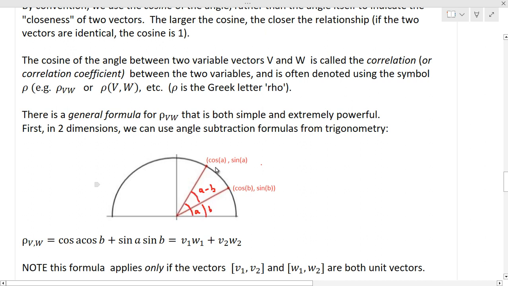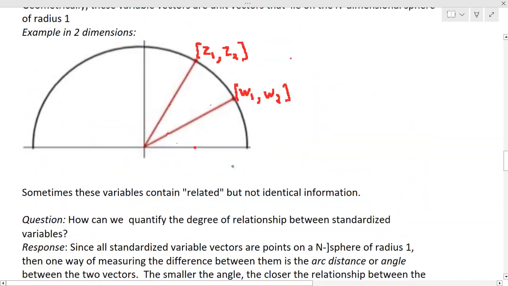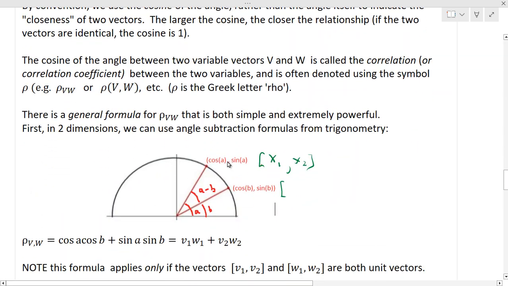second one. So here I wrote cos A, sine A, but in fact, if I think of this in terms of my data vector, cosine A, that's the same thing. Let me call this data vector x, with coordinates x1, x2. What did I call it up here? Oh, I said z and w, so let's call it z.